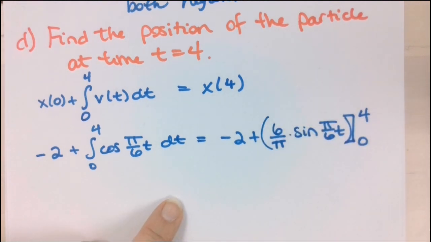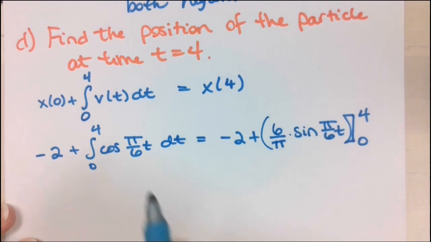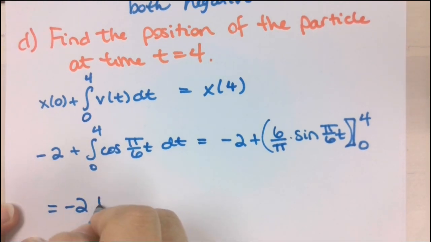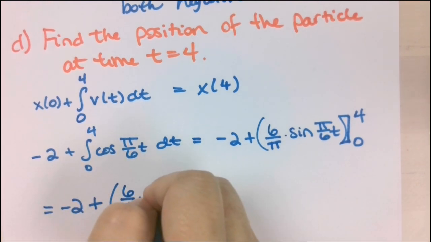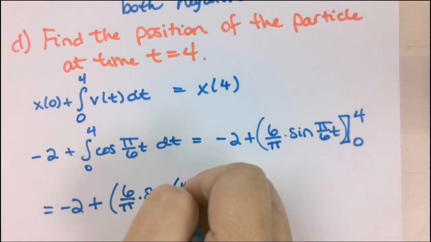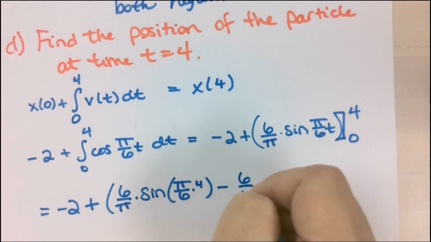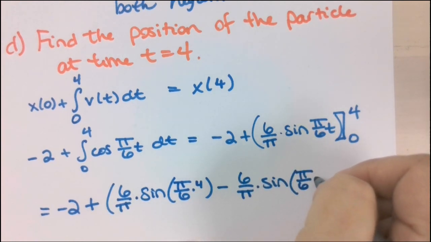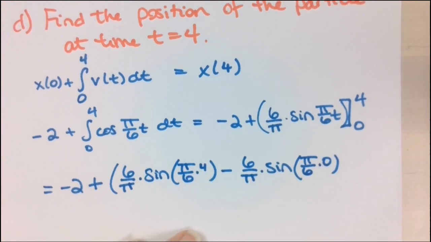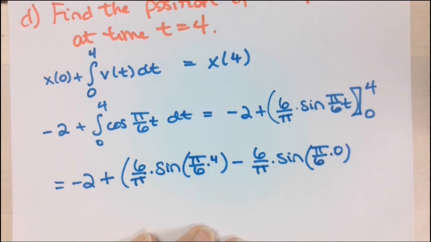Should probably put that in parentheses because the 0 to 4 is only for this part. It's not for the -2. Then -2 plus 6 over pi times sine of pi over 6 times 4 minus 6 over pi times sine of pi over 6 times 0. And on a free response question, once we've plugged in the numbers, we can leave the answer just like that.